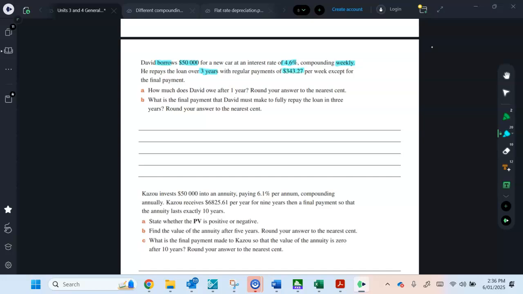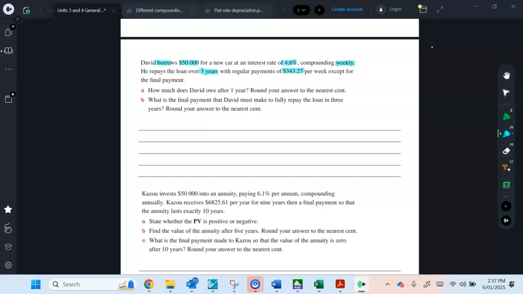Usually the payments are a weird number, and that's because of compounding interest. It's never straightforward. If it was simple interest, it would be quite simple because it's the same amount of interest each time. But because compound interest changes all the time, the amount of interest in dollars changes all the time, that's why your repayments are usually such a weird amount.